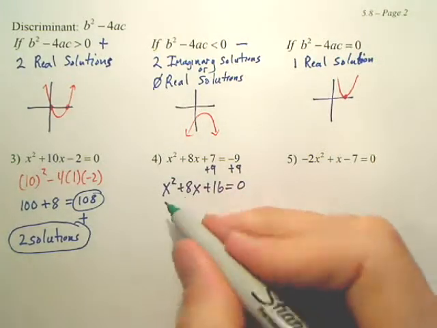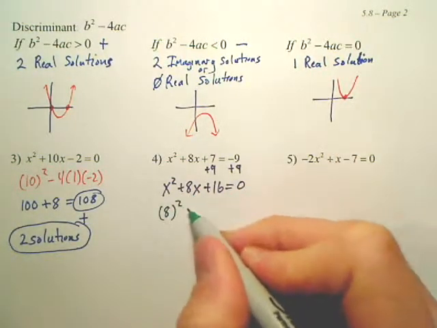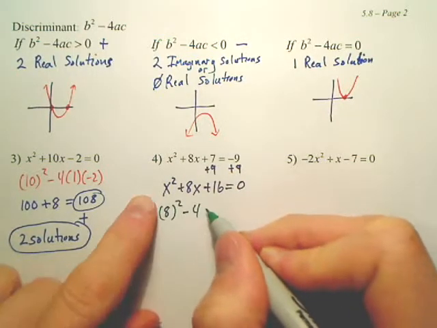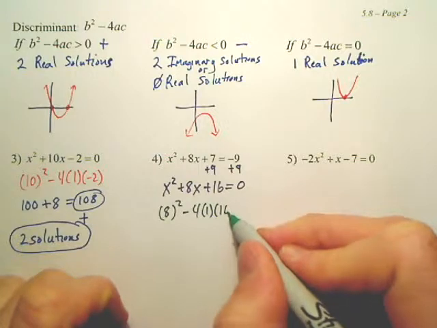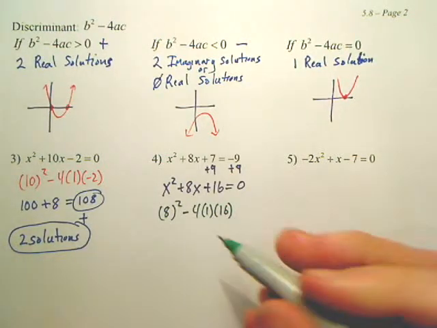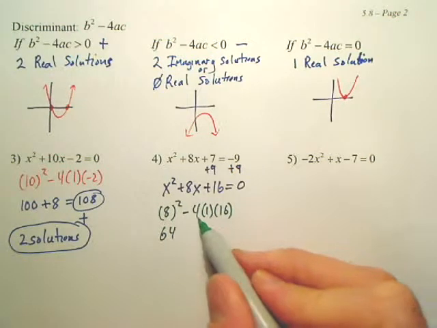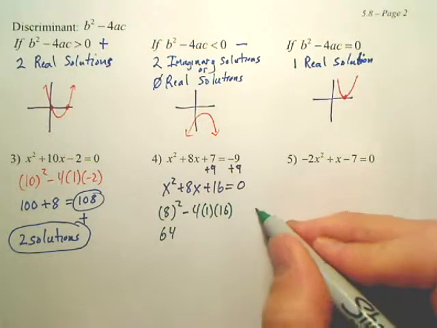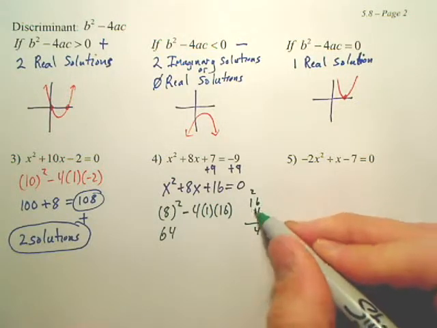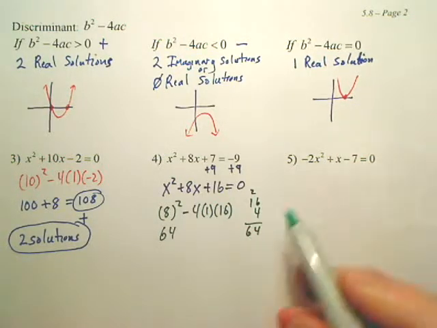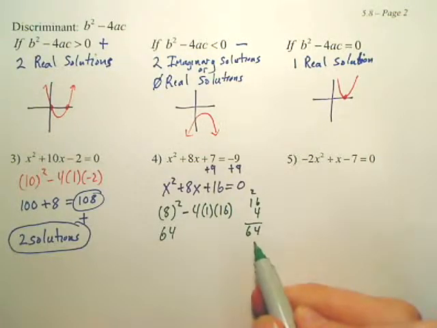So we got 8 squared, 8 is b, minus 4, a is 1, and c is 16. Looks like we have 64, and then what's negative 4 times 16? Let's see, what's 4 times 16? It's 64. Now, if it's negative 4 times 16, so it would be negative 64?